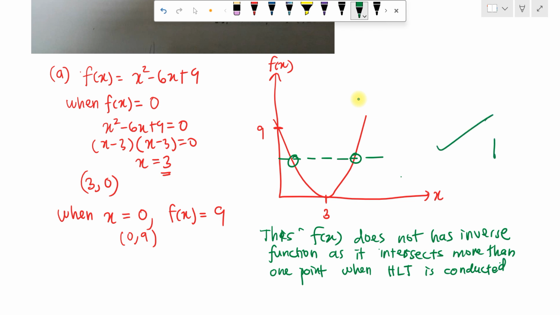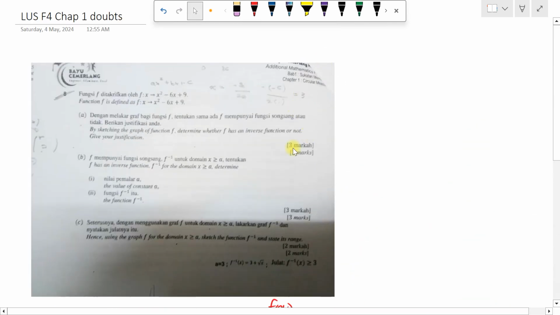So you draw the shape, 1 mark, you tell does not have inverse, 1 mark, and your explanation, 1 mark. That's how you get your 3 marks here.